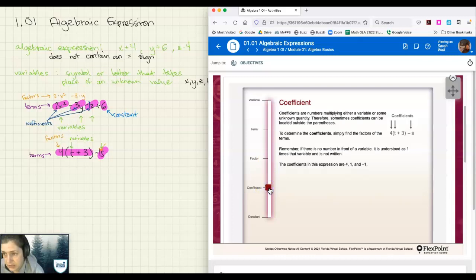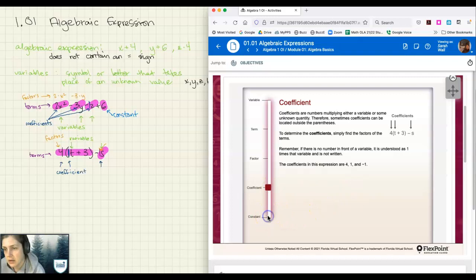Your coefficients, in a lot of cases, are the same as your factors, because your factors, you got an invisible 1 before your t, because your coefficients can be pulled out if you divided them as factors.